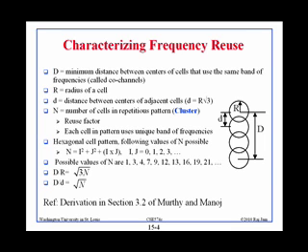Now if you have a cell whose radius is r, and somehow you reuse that frequency after a certain number of cells. Let's say the cell that is using the same frequency is capital D away, right? And because there is an overlap, the little d is the distance between the centers of the adjacent cells.